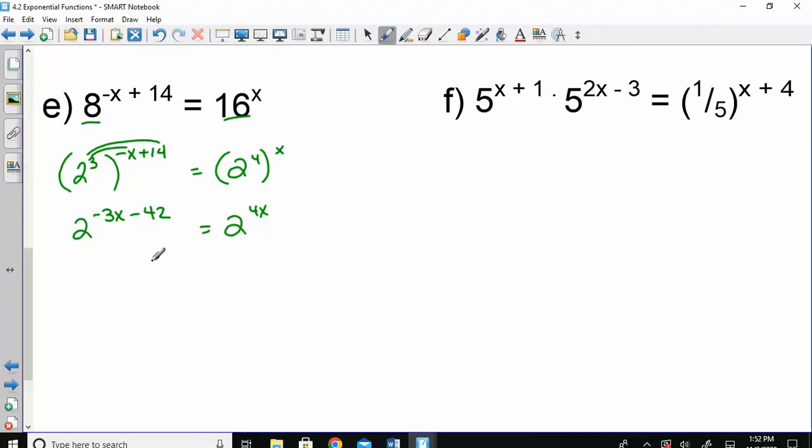Now I have the same base on each side, so now I can set my exponents equal. Is everybody okay with how I got to this point?